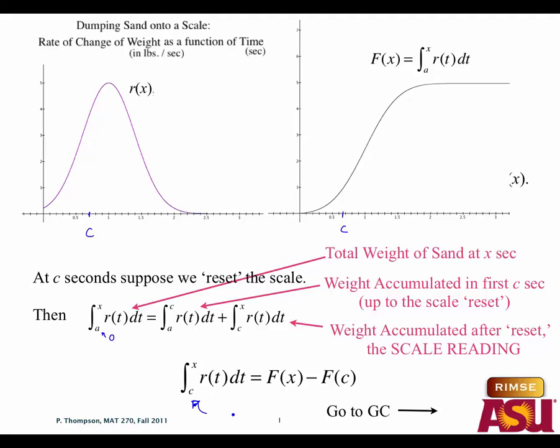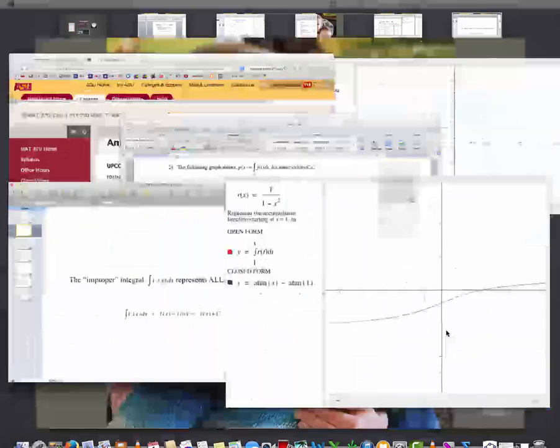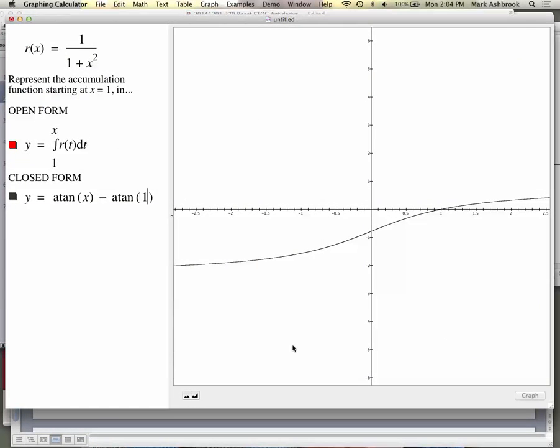Doesn't make sense? So let's go back to the tangent example, which was here. How can we think of this differently? Instead of the function starting at x equals 1, we can think of the accumulation starting where? The 1 is going to be our reset.